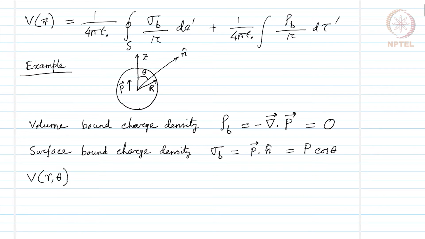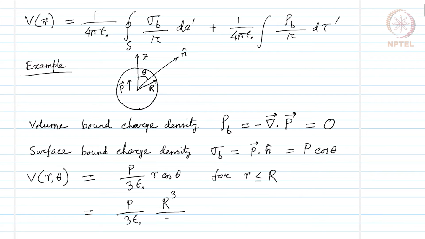If we perform the integral inside and outside the sphere, we would find that the potential would be P over 3 epsilon naught r cosine of theta for our point of observation within the sphere, and this would be P over 3 epsilon naught, capital R cubed, that is radius of the sphere cubed, over small r squared, that is distance squared, cosine of theta for r greater than or equal to capital R.